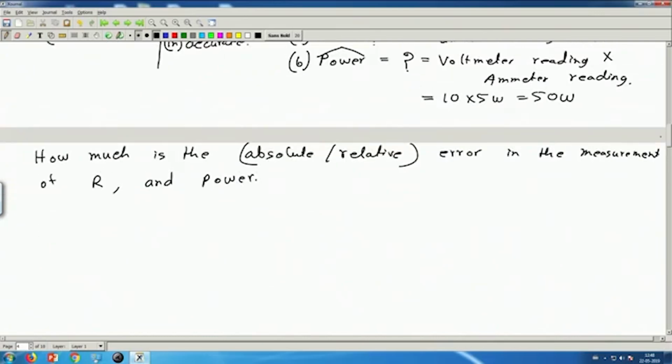So this is the question. Okay. So the solution, first say power, let's do it for the power.